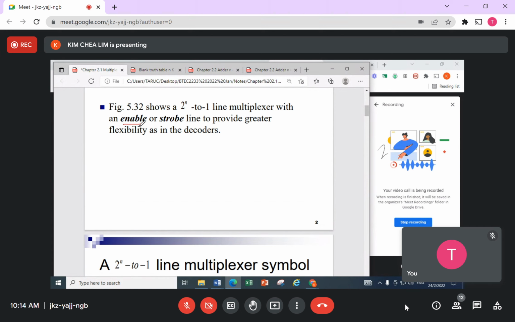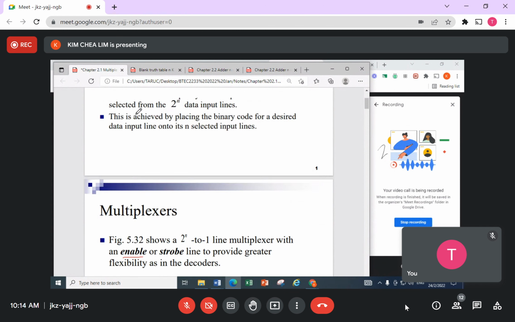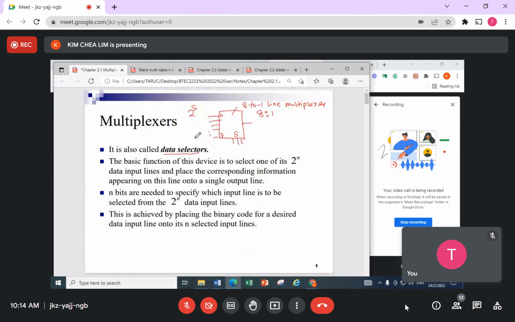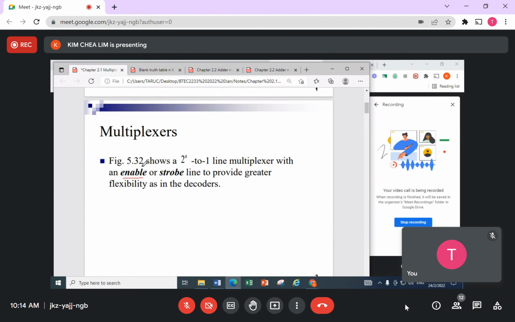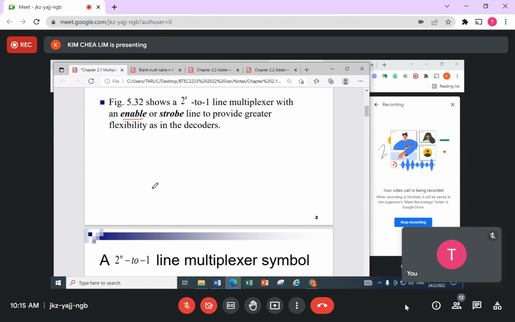If you have an enable input, although I have input over here, if I disable it, meaning I make this enable input not functioning, then although I change my input combinations at the selector, I still don't get what I want at the output because I have disabled the input. So with this you can have greater flexibility.